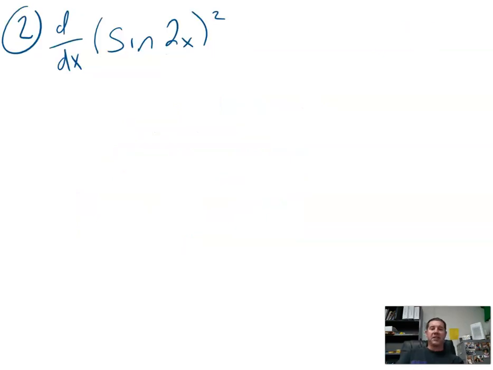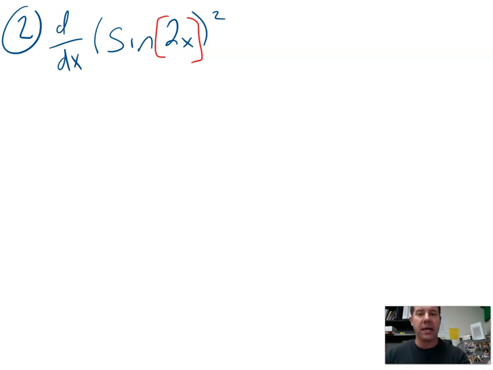Okay, now I want to take the derivative of sine of 2x squared. And again, it might help you to really practice and emphasize using your inclusion symbols. Again, when I have sine of 2x, we said that's really inside the argument. I'm going to use maybe some brackets here now since I already have parentheses. And so you can see, because I've got the 2 sets of parentheses, I've really got 2 sets of inside functions. Okay?